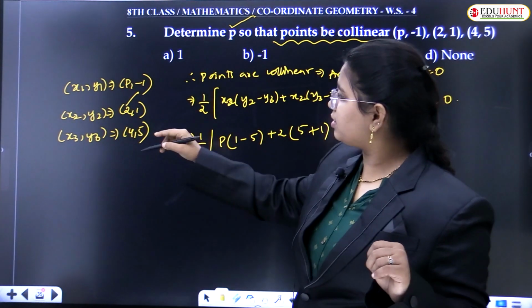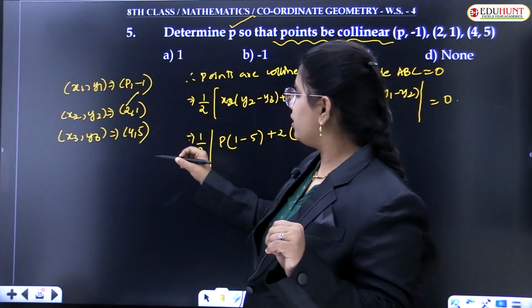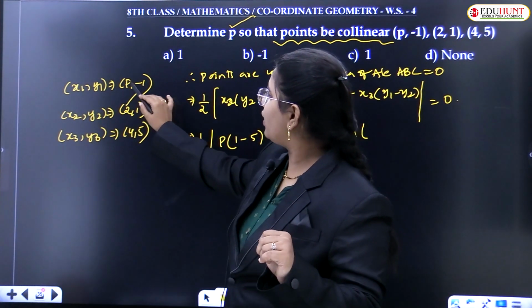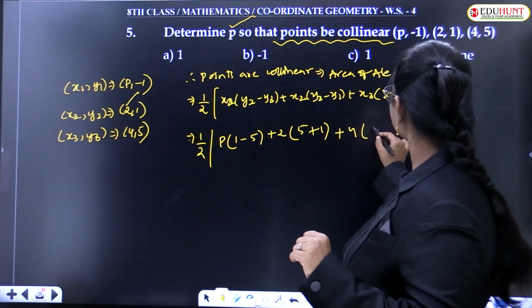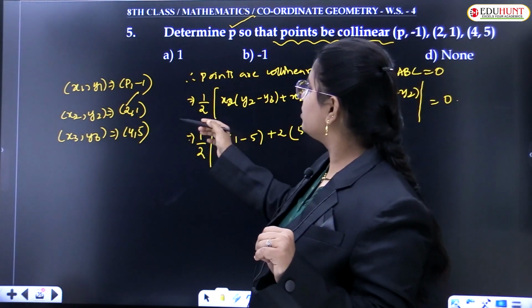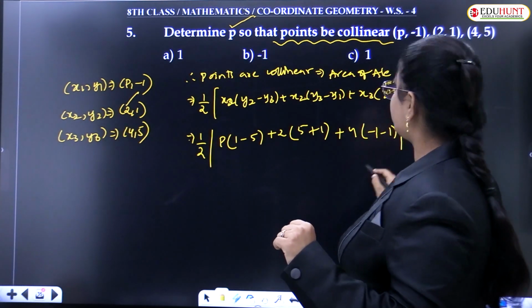Plus what is x3 here? x3 is 4, into y1 minus y2, what is y1 here? Minus 1, minus 1 again. That should be equal to 0.